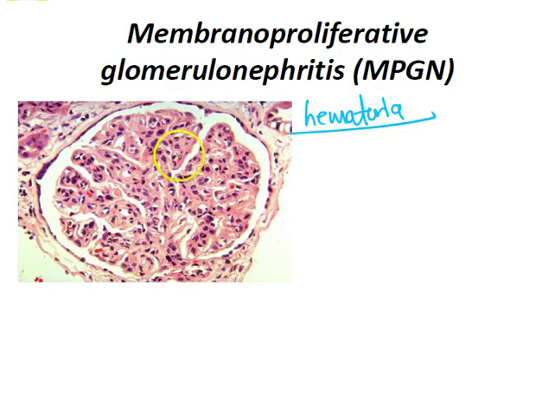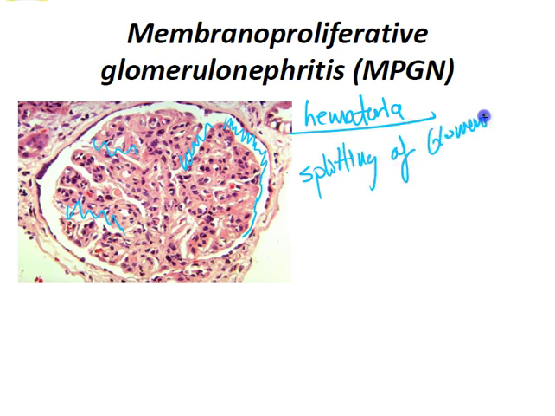Can you see this right here? See that splitting right through here. Look at all that right there. Splitting of the glomerular basement membrane, seen in both type 1 and type 2.